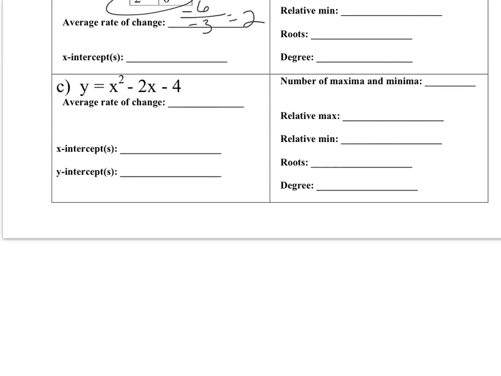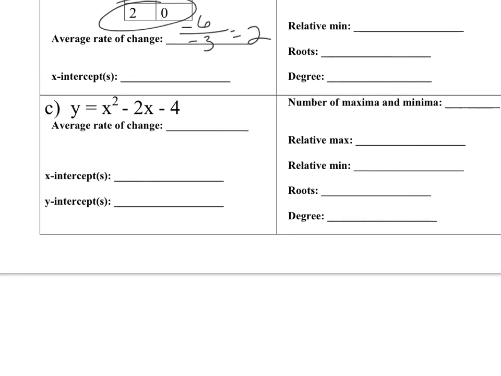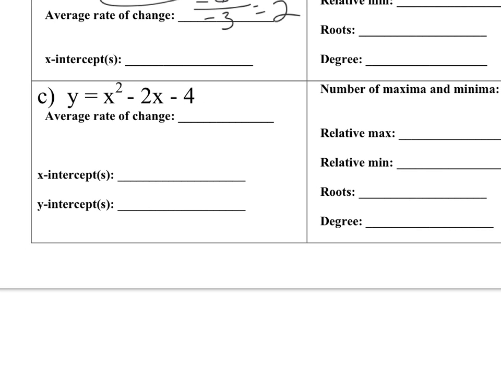Last one. Down here, this one, a little bit more exciting. You have to figure it out, so you would have to plug them in. So remember, I'm going to come down here just so that I have more space for me. So I need to plug in -1 for the x value and also 2 for the x value. So when I plug in -1 to the equation, I get -1.